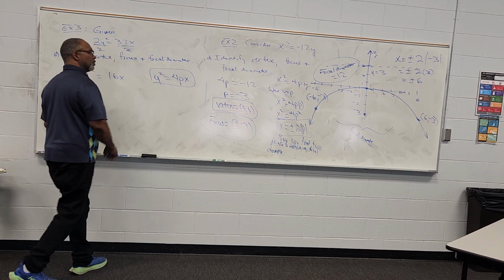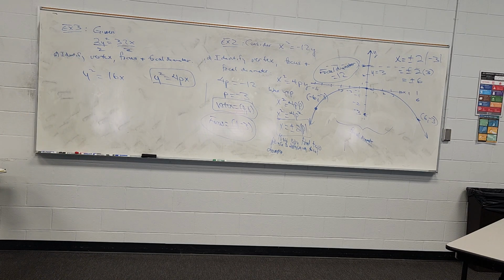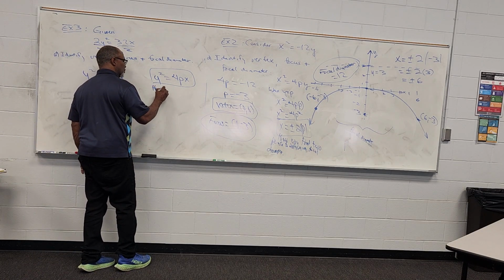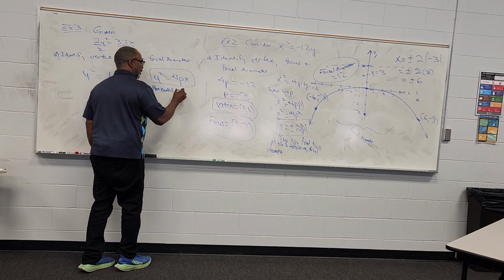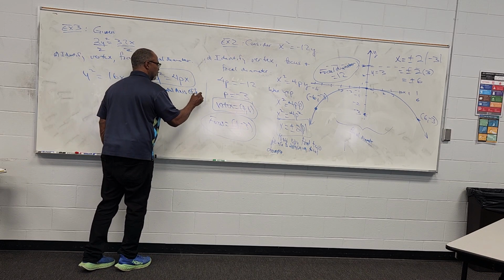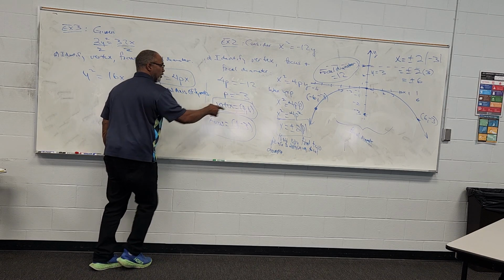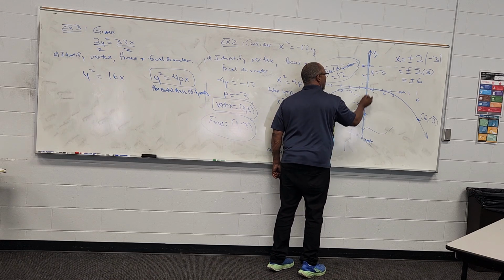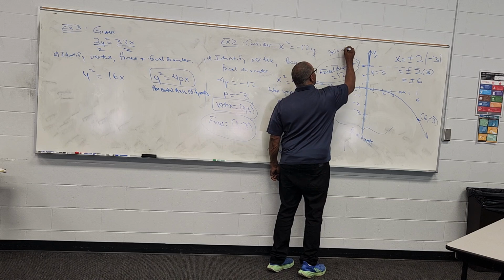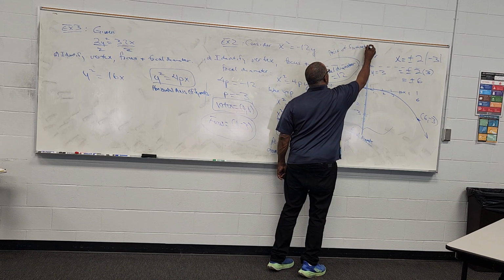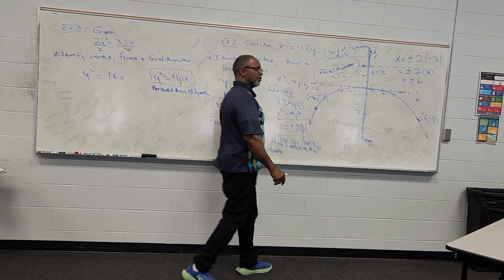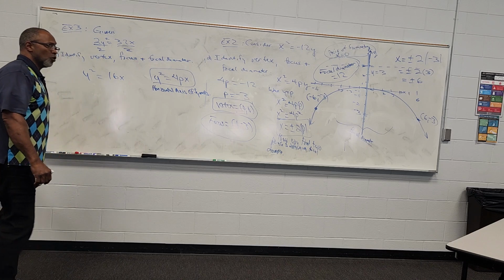There's my standard form for a parabola centered at the origin with a horizontal axis of symmetry. The previous one had a vertical axis of symmetry, which was the y-axis, or x equals 0.